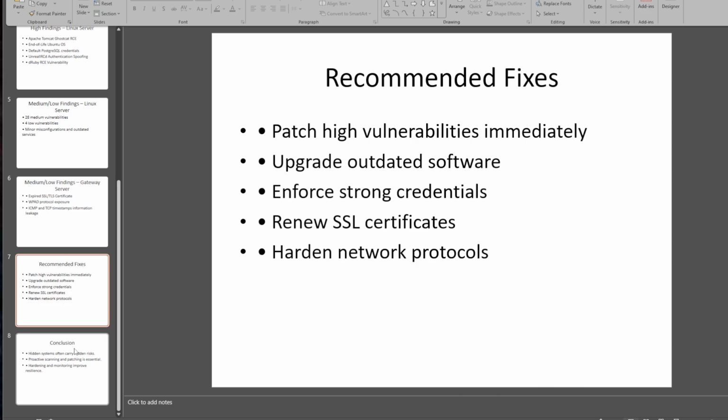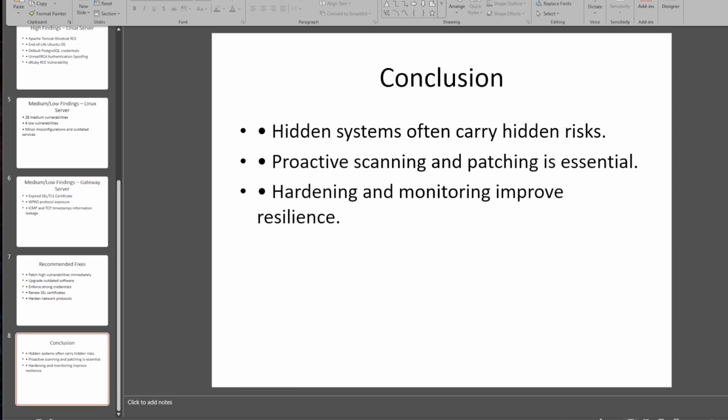So for our conclusion, our lessons learned slide. In conclusion, this vulnerability assessment has shown that hidden or legacy systems often pose hidden risks within a network. While neither of the assessed systems show signs of active exploitation, the vulnerabilities identified represent clear entry points for attackers.